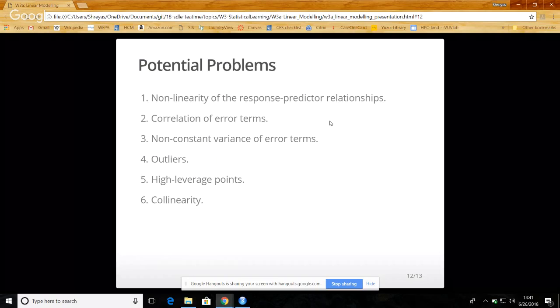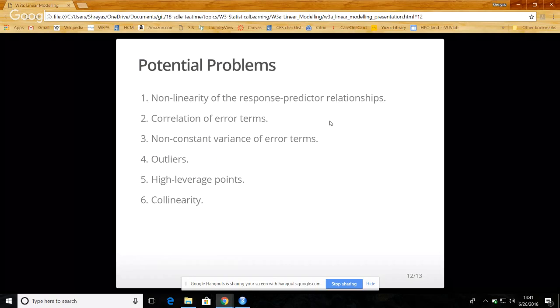Next, we have outliers. It depends on the type of outlier you have, but sometimes outliers can influence your model. If they influence your intercept, that's not much of a problem because that just raises your line on the y-axis. But you don't want them to influence your slope. That could be a problem. Speaking of outliers, that brings us to high leverage points. It's important where the outlier is located.